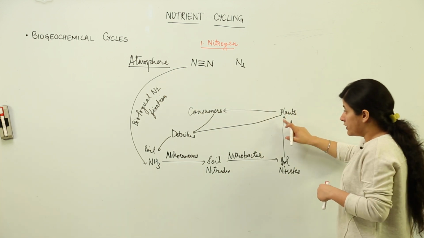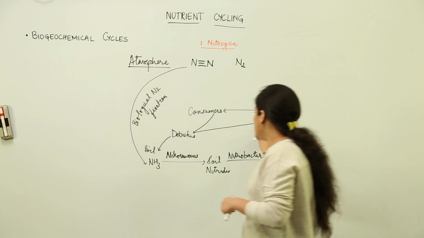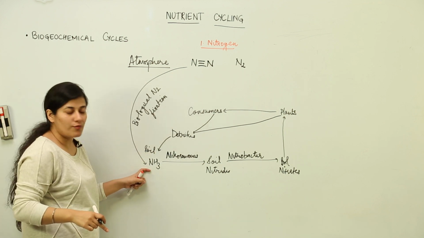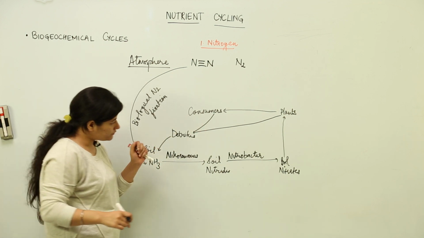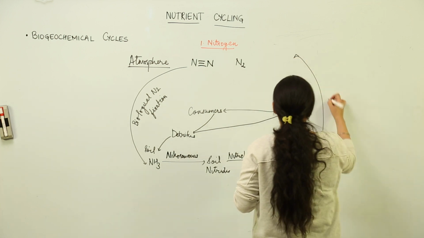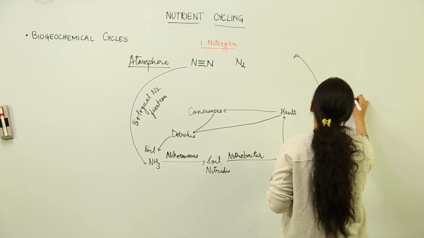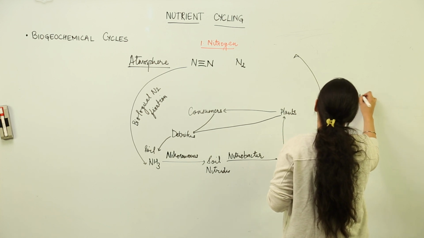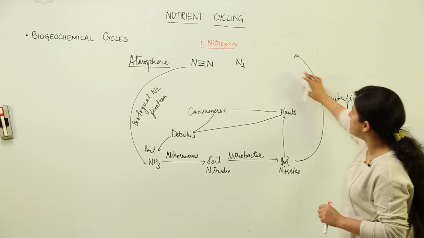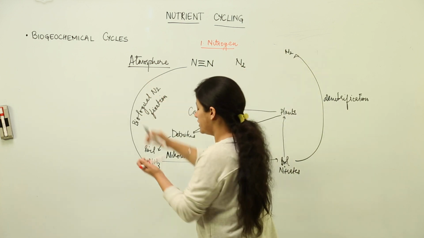Now these plants are going to take up the nitrates and make their biomass. Once dead, they add to the detritus. This detritus would again come back in the form of ammonia that would be cycled. At the same time, a few soil nitrates go through the process of denitrification, which means nitrates are converted back to N2. So they are again adding to the atmosphere.